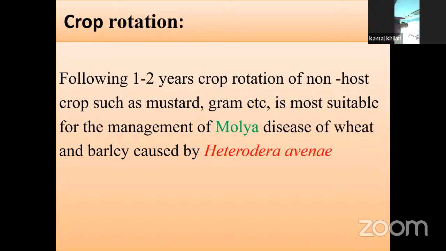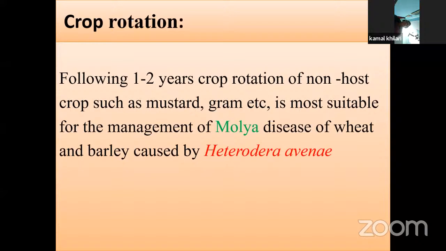So the management is both very easy as well as very difficult, because management of any kind of enemy in the soil is very difficult, because the soil is a very bulky item. Because of this bulky nature of the soil, management is somewhat difficult. And if we know the different weak points of the enemy or the nematode, then we can easily target this weak point and manage it.